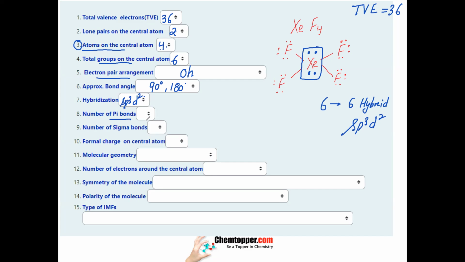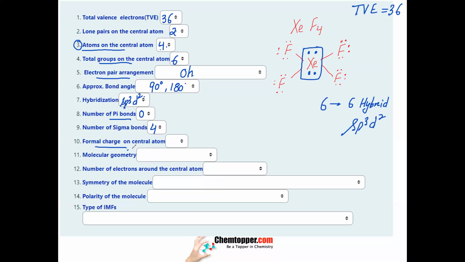Number of pi bonds? Number of pi bonds are 0. Number of sigma bonds? Yes. Formal charge on Xe? Any formal charge?